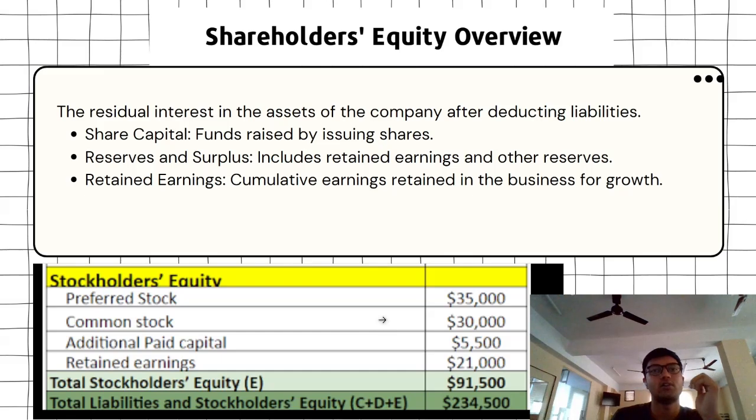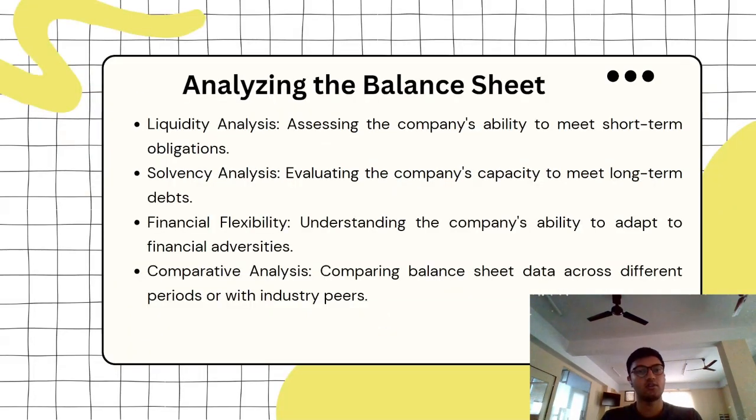Let's move ahead. Analyzing the balance sheet. Liquidity analysis: assessing the company's ability to meet its short-term obligations. For example, the company has current liabilities of some amount. If we see the current liabilities and the company has enough cash flow to give away its current liabilities, that will be liquidity analysis.